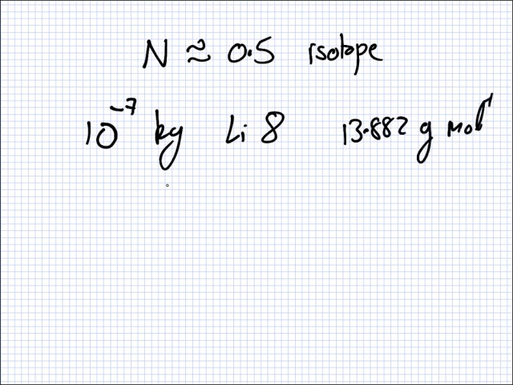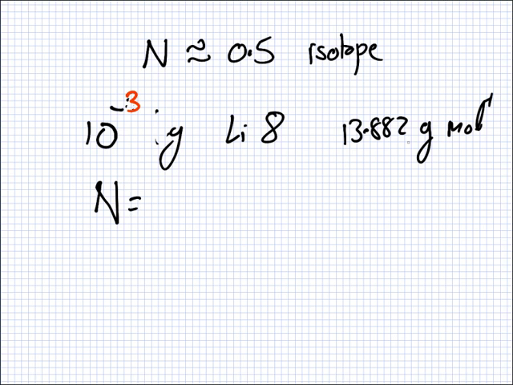Right, so my first thing I want to work out is how many lithium isotopes do I have? So we know the story here. Oh, I should actually be using grams and not kilograms, because it's molar. Right, 10 to the minus 3 grams, 13.882 grams per mole.